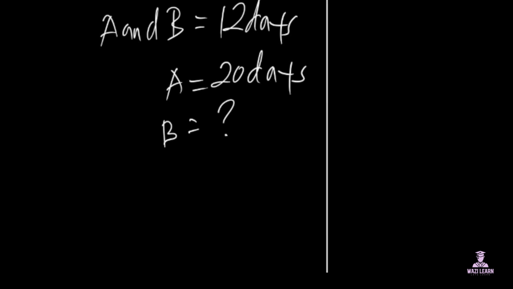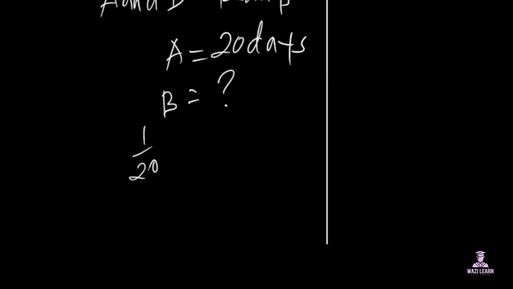When they are working together, in one day, A will complete 1 over 20 of the job, but we don't know what B will take, so B will take x.